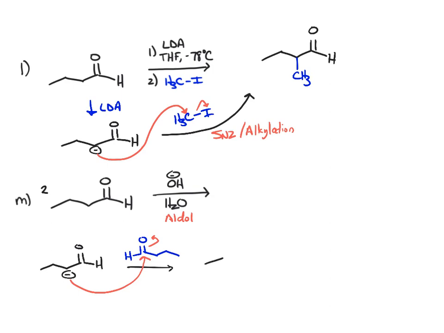So when that adds, here's our new bond. We get O minus, which I'm going to go ahead and protonate from the water and make it an OH. And our carbon chain.